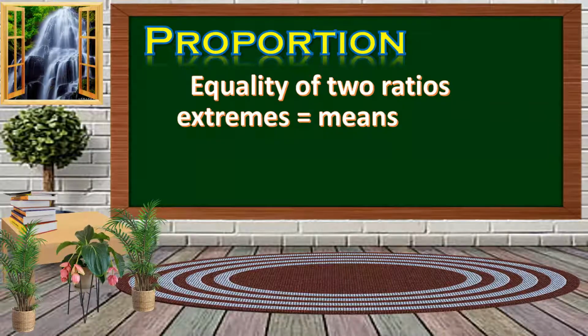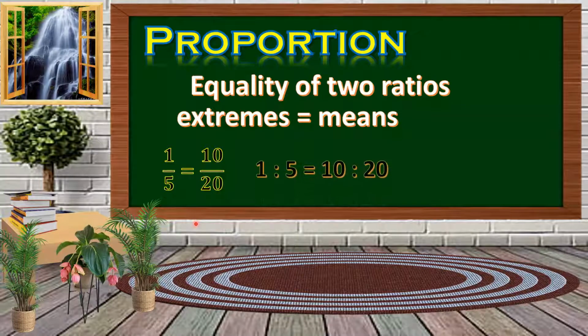Another example. Let's verify if these two ratios are proportional: 1 to 5 and 10 to 20. Again, in colon form, we have 1 to 5 and 10 to 20.